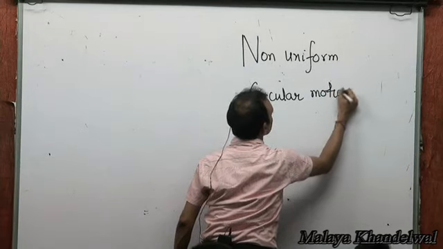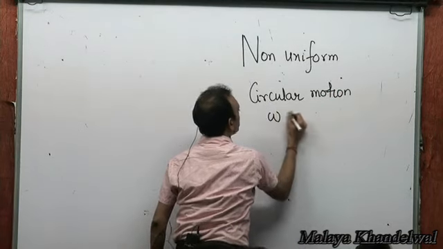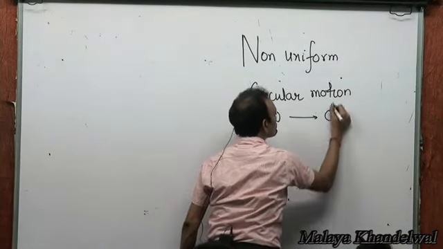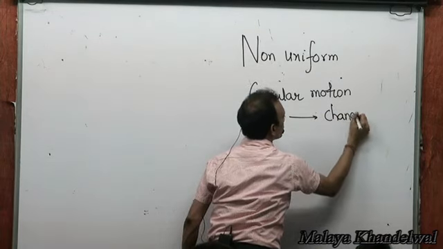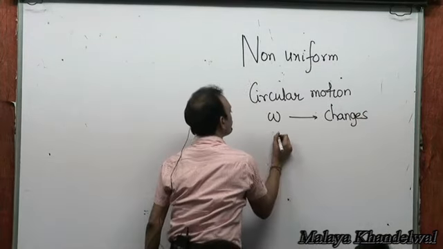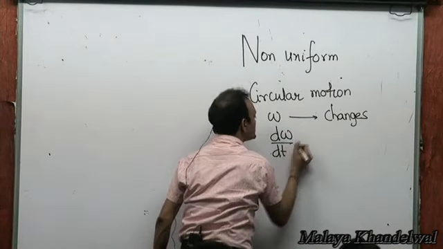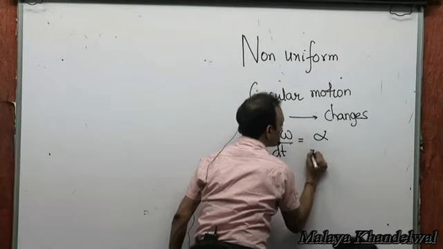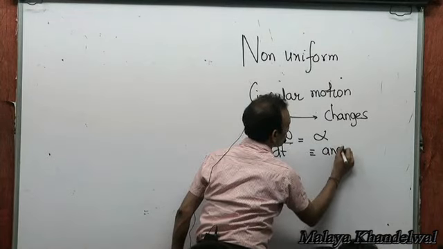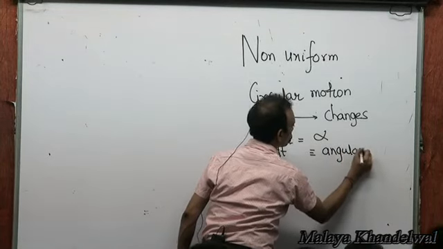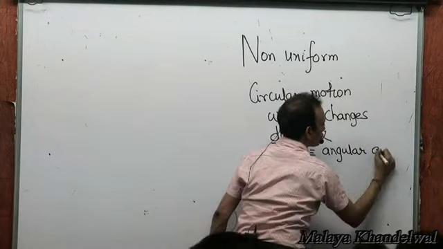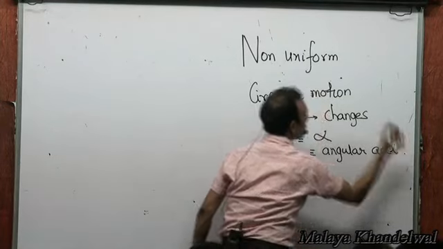It simply means that omega changes, and the rate of change of omega with time is defined by an entity called alpha, which is angular acceleration.